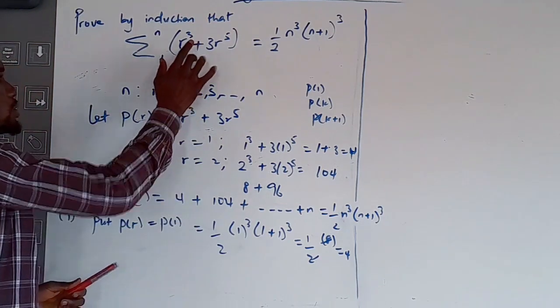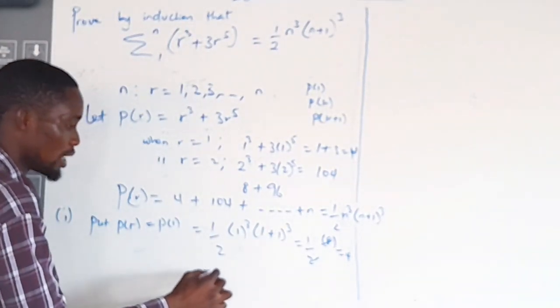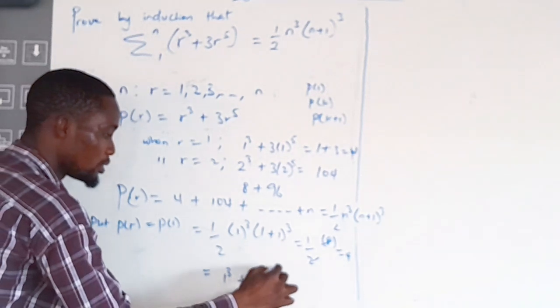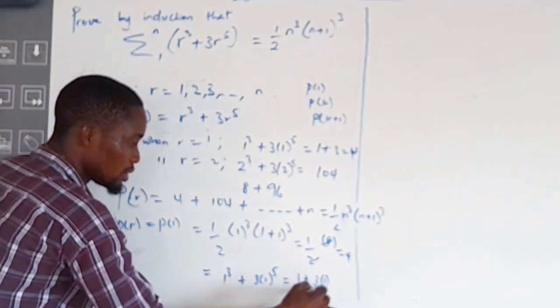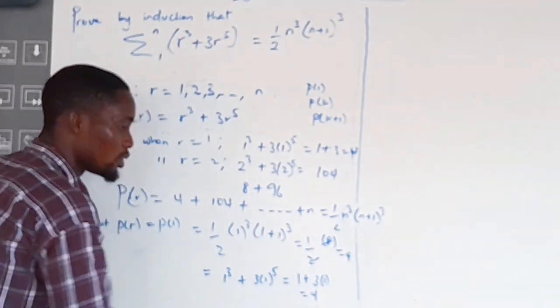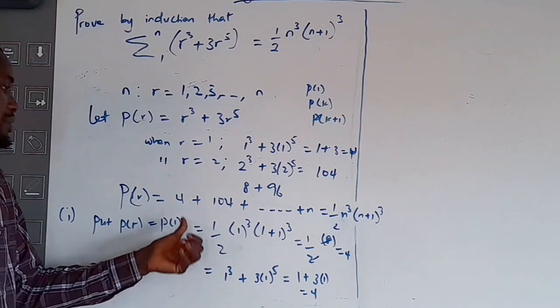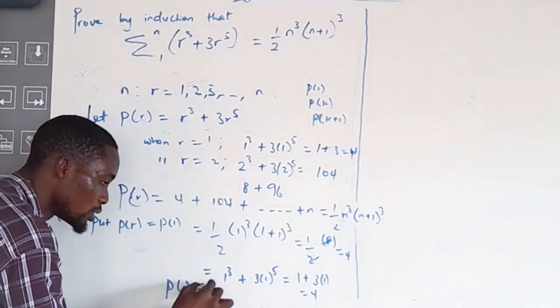If I test for it here also, I must get 4. When r equals 1, I'm going to have 1 cubed plus 3 times 1 to the power 5, which is 1 plus 3 times 1, which equals 4. Now, since P of 1 gives me 4, automatically my conclusion is that P of 1 is true.